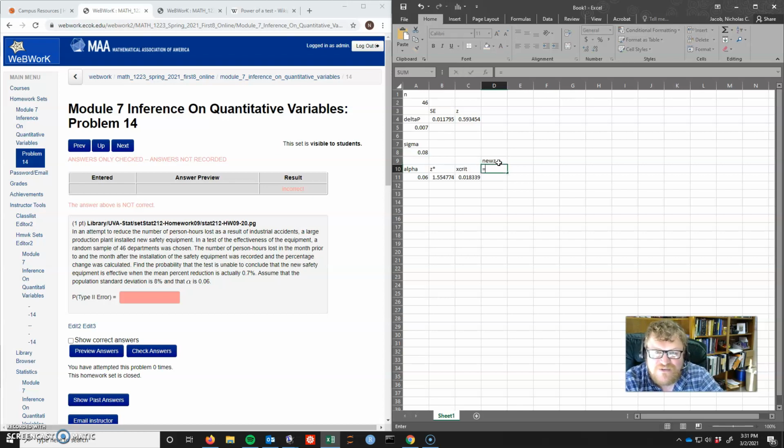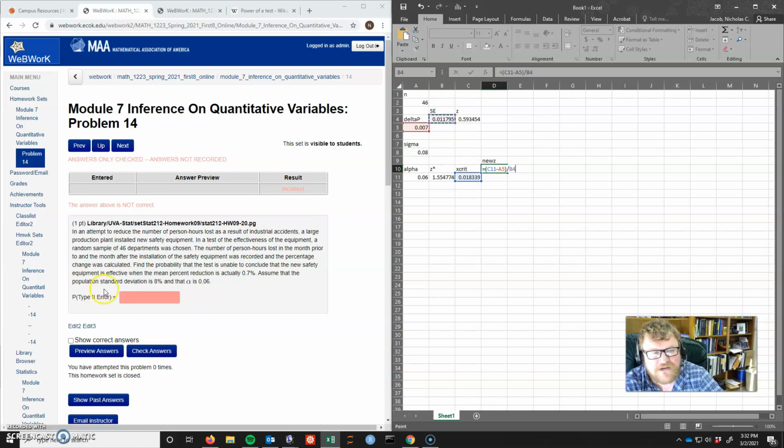To compute the new z, I'm going to take this critical x that I would have needed to find in the original problem minus the actual that was somehow observed, and I'm going to divide by that same standard error.